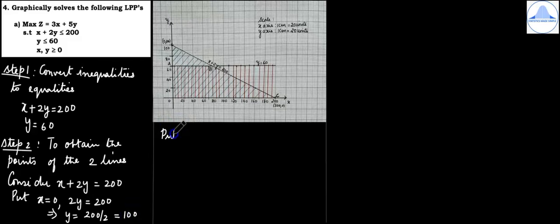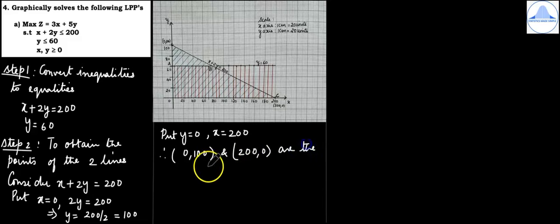Next you put y equal to 0, and you will get x is equal to 200. Therefore 0 comma 100 and 200 comma 0 are the points of this line. Now the second equation is y equal to 60 itself.